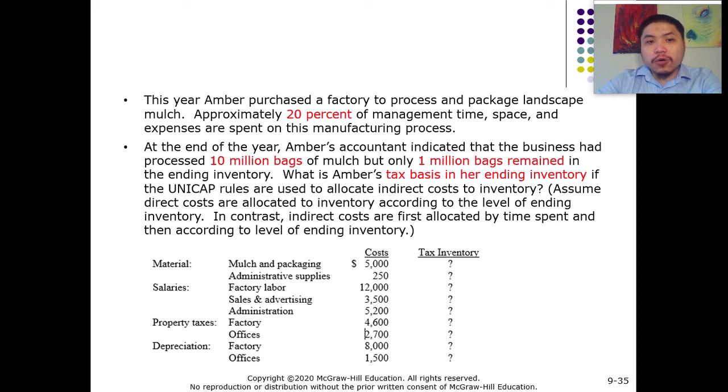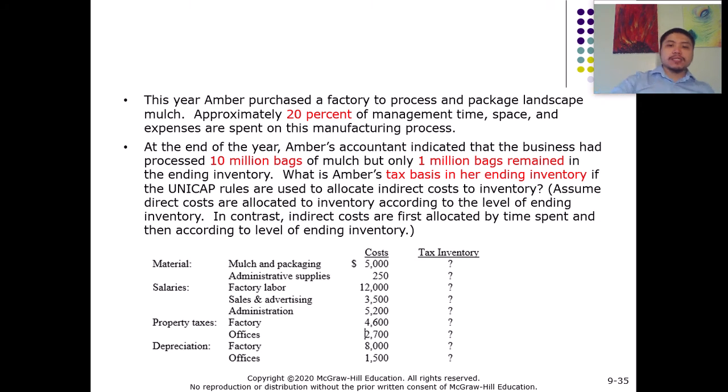But under UNICAP, the tax purpose regime, we may have to include those items into the cost of inventory, and then we cannot expense the item right away. We have to wait till we make the sale of the inventory to be able to deduct that. I just wanted to illustrate the purpose of UNICAP and the difference between financial reporting accounting and tax accounting.